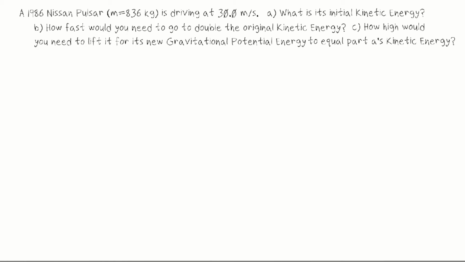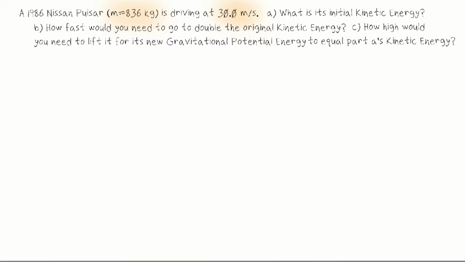So let's take a look at some of the important ideas here. When we're doing these calculations, mass is going to be handy to know. Initial velocity, handy to know.